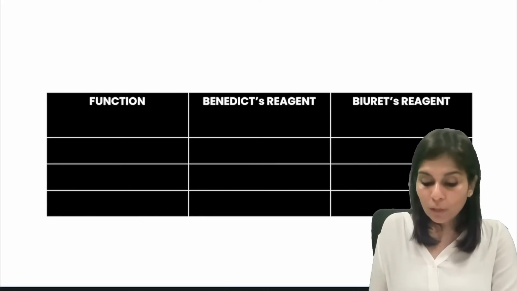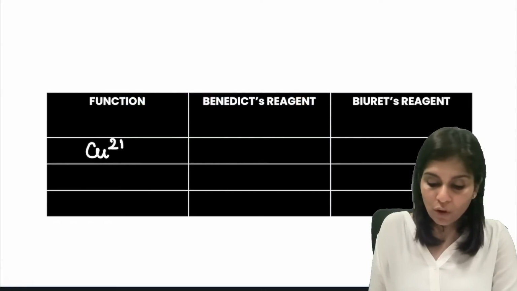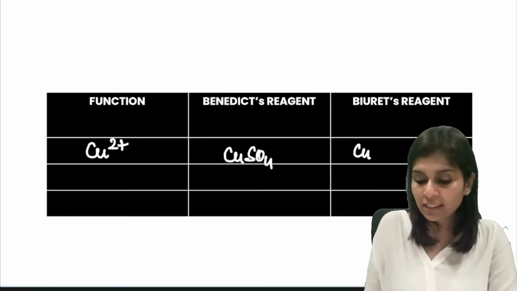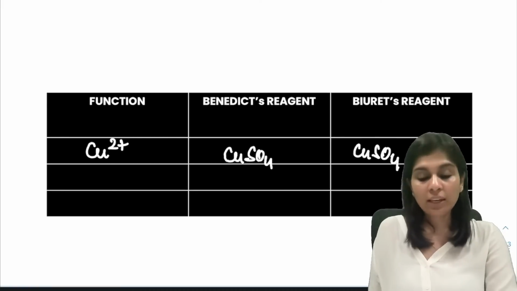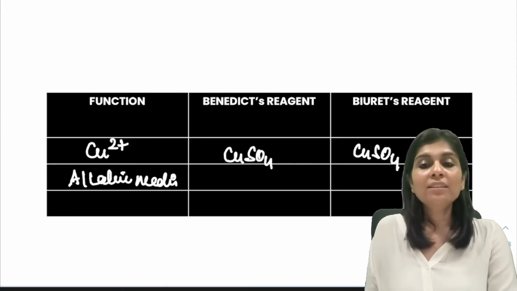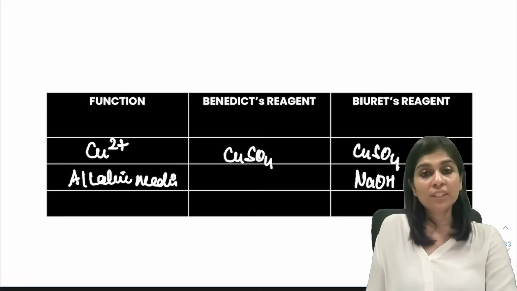Okay. So what will be the source of copper for Benedict's reagent and Biuret reagent? In both the cases, it's the same copper sulfate. Okay. And what is the provider of alkaline medium? Alkaline medium in Biuret reagent is a stronger alkaline medium that is provided by sodium hydroxide.